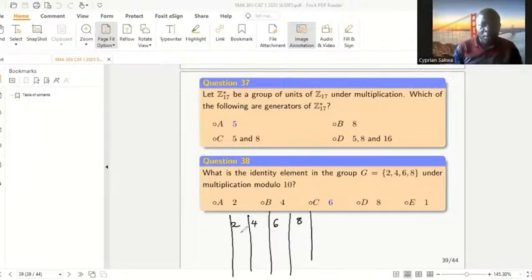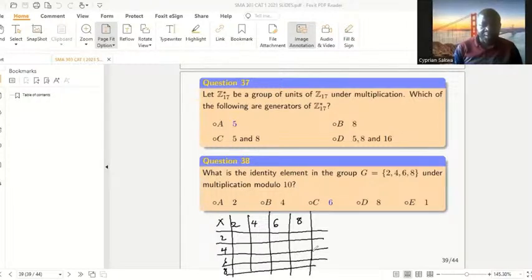And we are doing it mod 10. We are multiplying 2, 4, 6, 8. I just want to multiply and see which element does not change the rest. That becomes the identity element. Mod 10, 2 times 2 will be 4, 2 times 4 will be 8. Wait a minute, let's see. Check something. Okay.